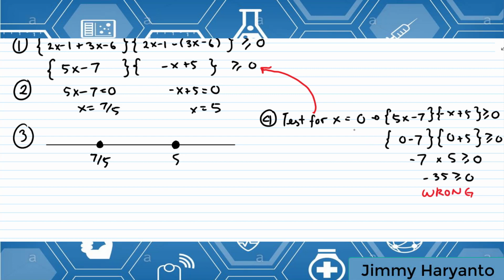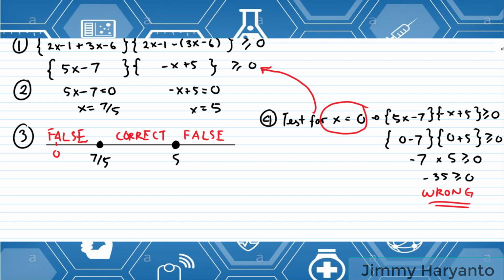So we already tested for x equals 0 and the result is wrong. 0 is here, so I can write at the top of it, it is false. For this one, it is correct. Remember, alternately change, and the last one will be false also.